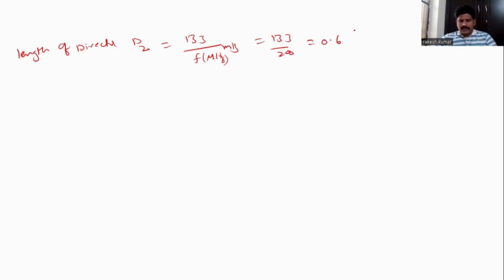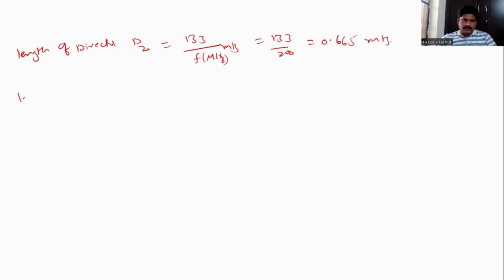Okay, let us complete the length of director D2. The length of director D2 is 133 by F in megahertz meters. That is 133 by 200, that is 0.665 meters.